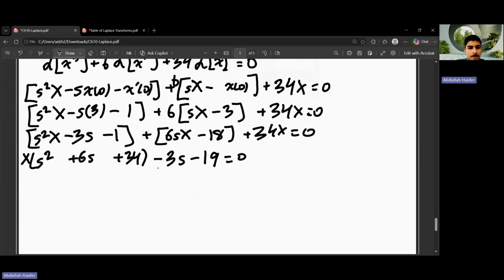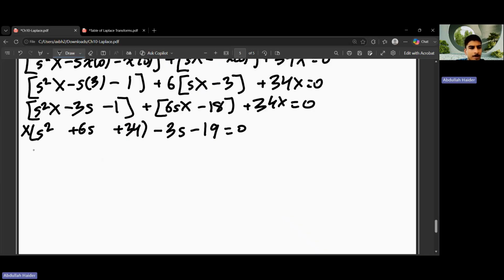So you take minus 3s minus 19 to the right side and divide by s squared plus 6s plus 34. In this case, your final big X is going to be 3s plus 19 over s squared plus 6s plus 34.